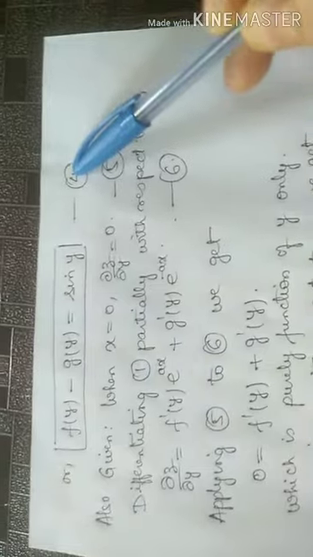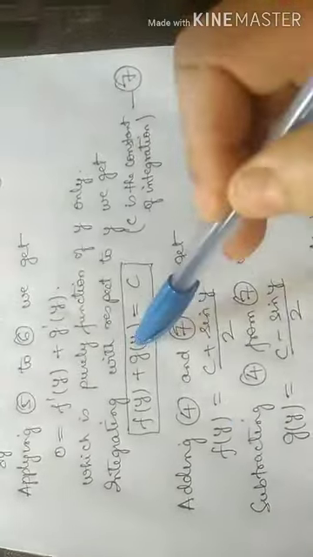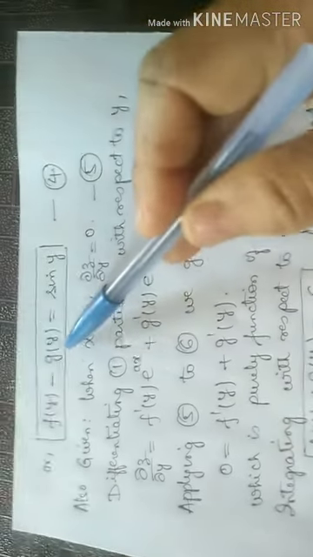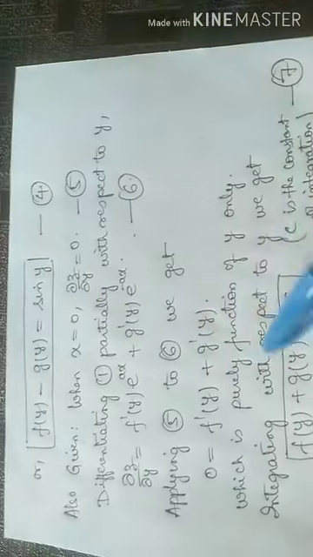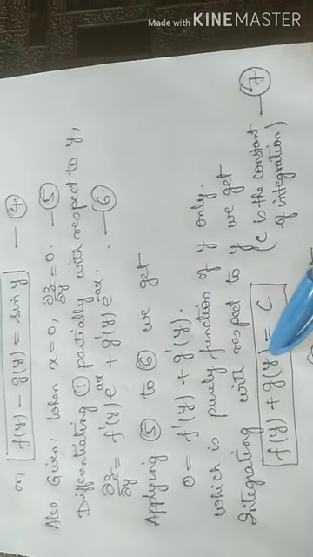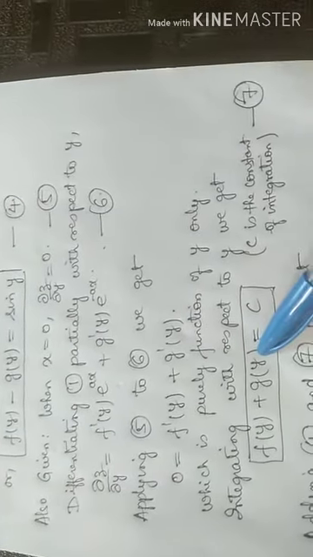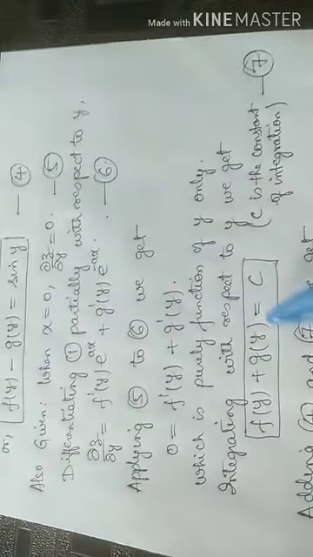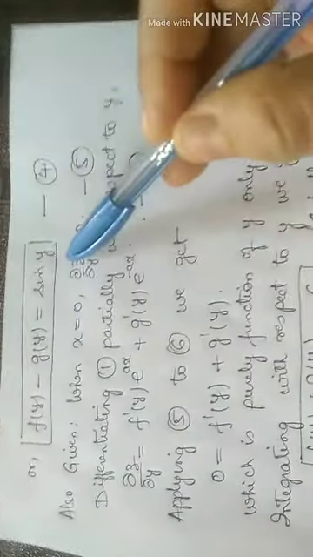Now adding 4 and 7, you see that g(y) here is with a minus sign and g(y) there is with a plus sign, so when you add, they get cancelled, so you get 2f(y) = C + sin y.